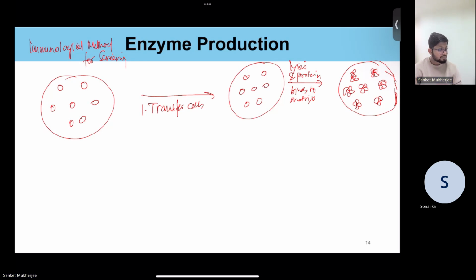So what you do now, you add a primary antibody. Primary antibodies are Y-shaped, and they are specific towards your protein, right? So this primary antibody will bind to your protein.